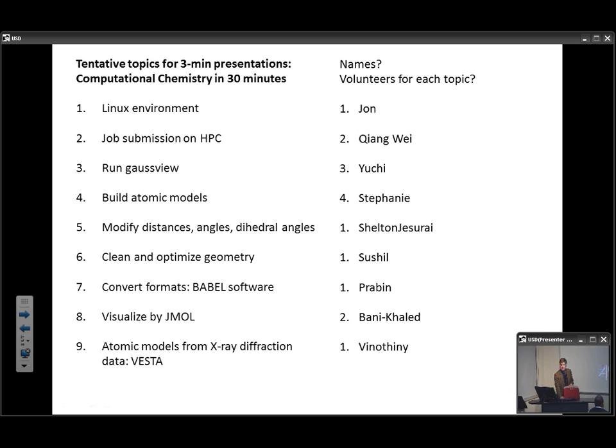The whole practical part can be arranged as installing specific software on your laptops, connecting to our supercomputer, and following suggestions that I will distribute.